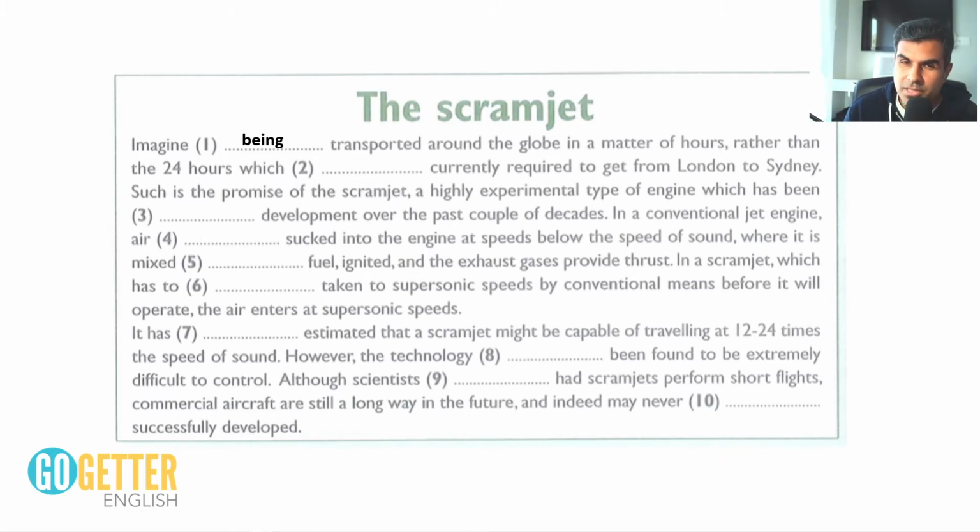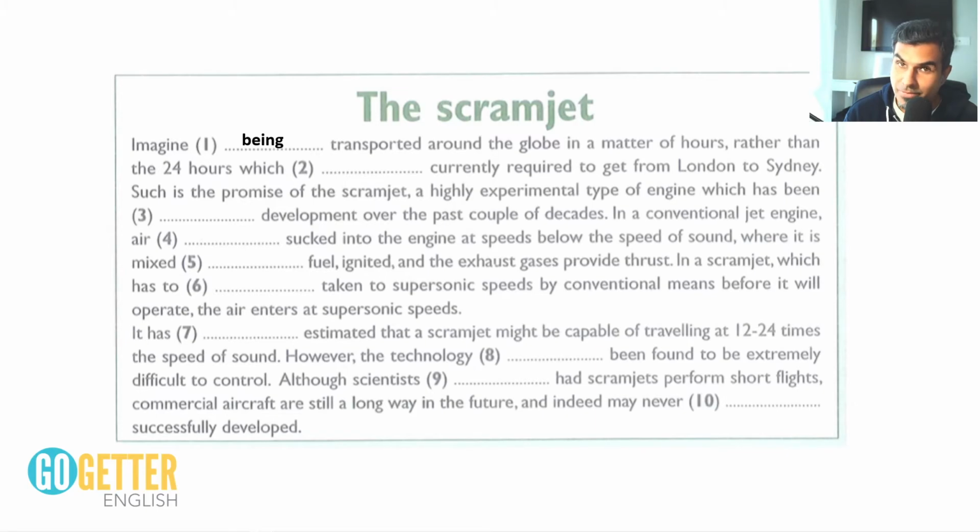Now, this particular blank is again asking us to put in a verb to be, right? The past participle of the verb required is right there. There's an adverb in between, currently. So we assume that we are looking for the verb to be in the correct form, logically, in that particular blank. Now, it is very tempting to actually think that the right answer here is, which is currently required to get from London to Sydney.